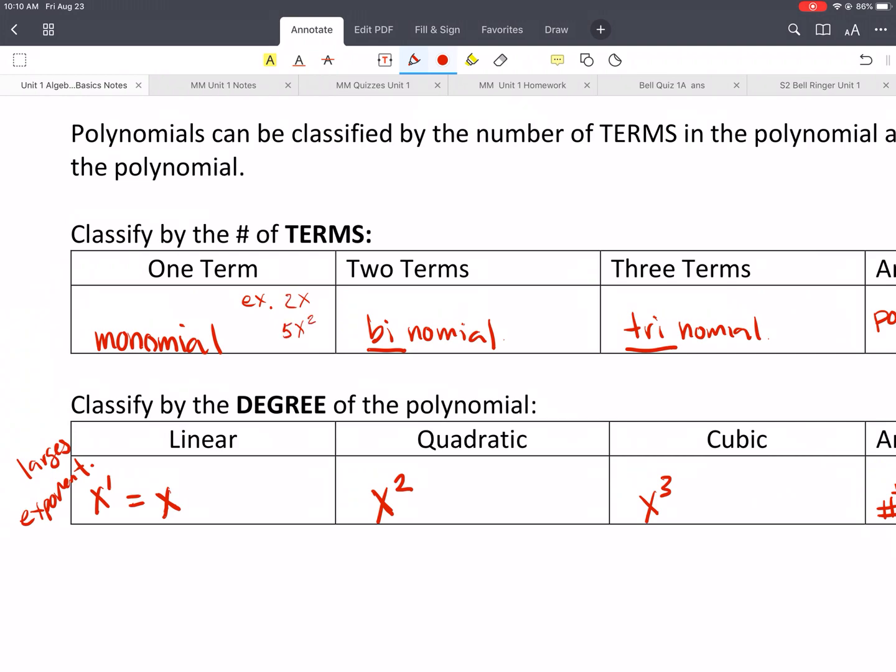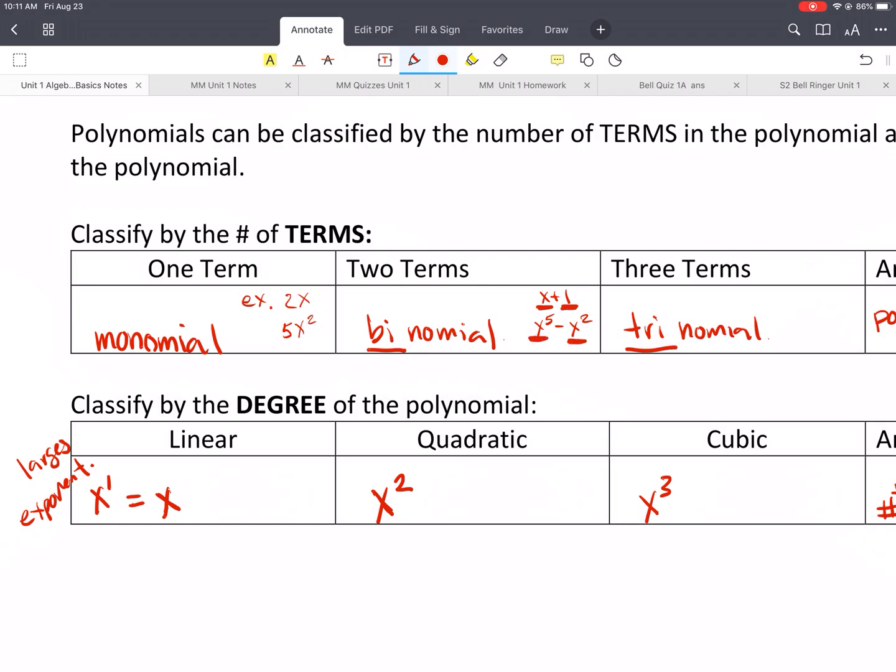If that was your problem, it would just be a monomial. If we have two terms, that's called a binomial, meaning 2. So a binomial would be something like x plus 1 or x to the fifth minus x squared.